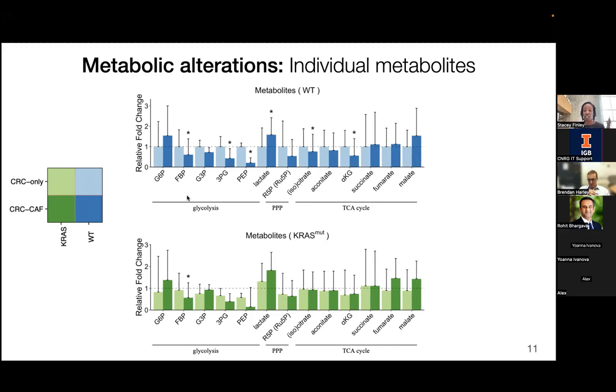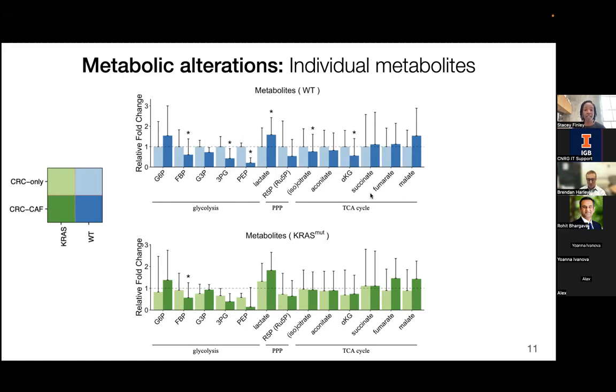So they're increasing, they're decreasing, both within glycolysis, within pentose phosphate pathway, within the TCA cycle. So just looking at individual metabolites doesn't give us a lot of insight into what's happening in terms of the reprogramming of the colorectal cancer cells due to the CAF conditioned media.